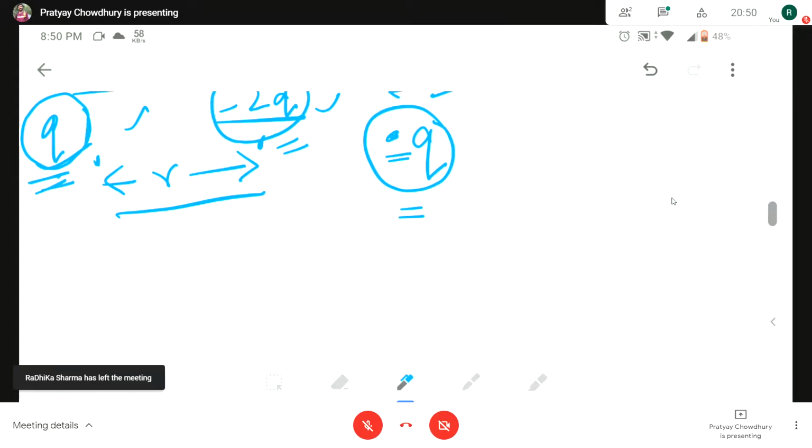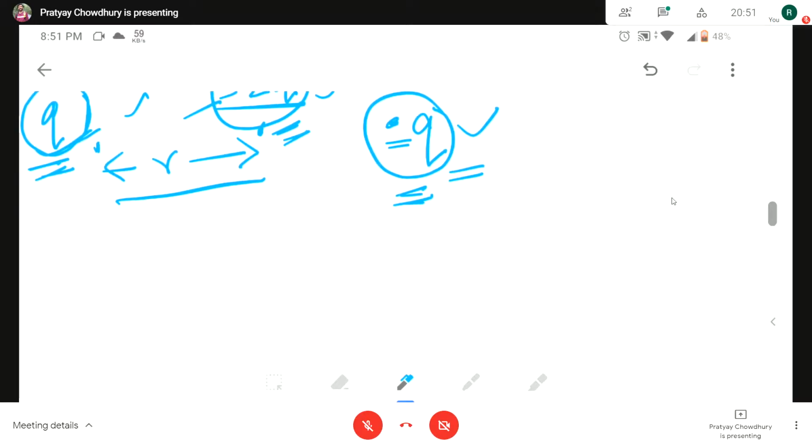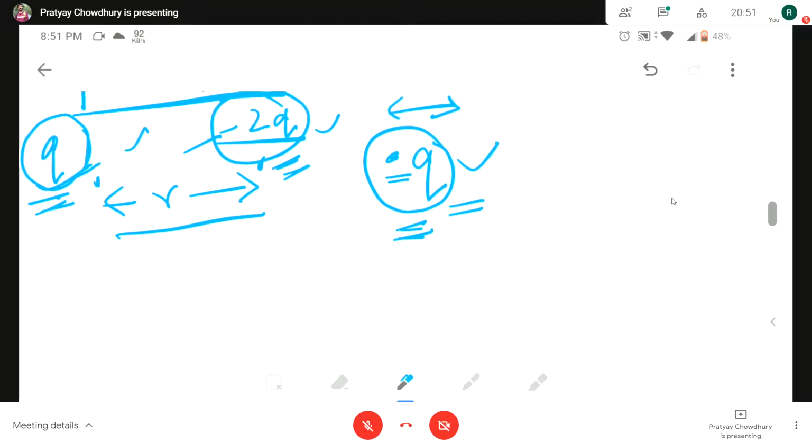Okay, so we had one charge q and another charge minus 2q. We have to find the position for another charge q, where the forces due to this and this charge will be cancelled out, so that this stays at rest. One thing we can notice, that one charge is positive and another charge is negative.